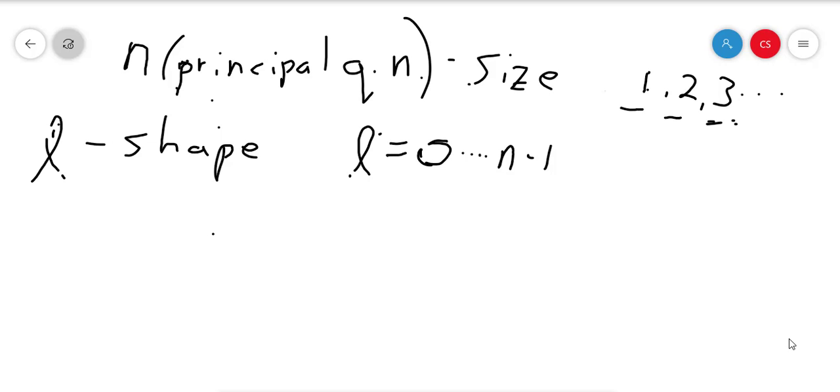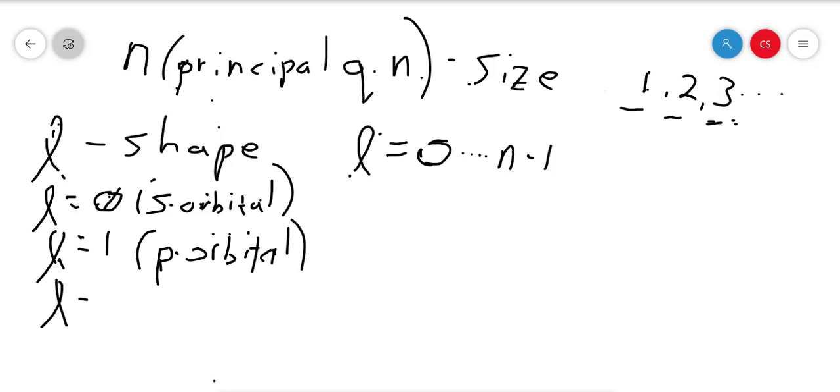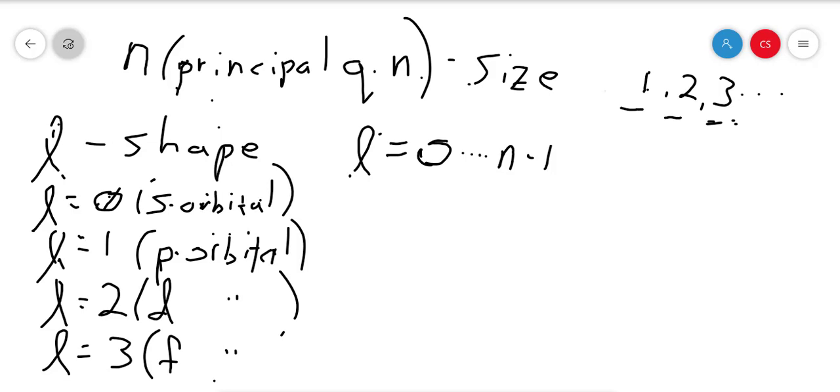So remember that for L equals 0, that's an s orbital, and L equals 1 is a p orbital, and L equals 2 is a d orbital, and L equals 3. I didn't show you that one yet, but that's called an f orbital. So you have s, p, d, and f, and they go up from there.